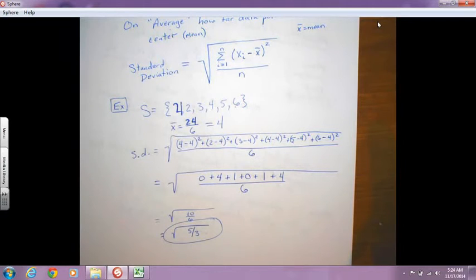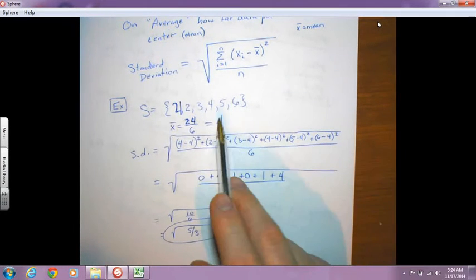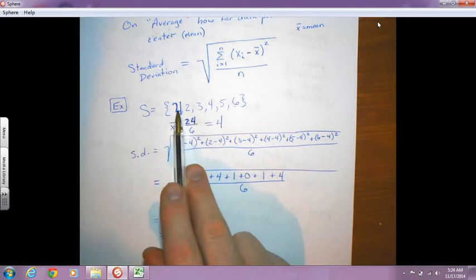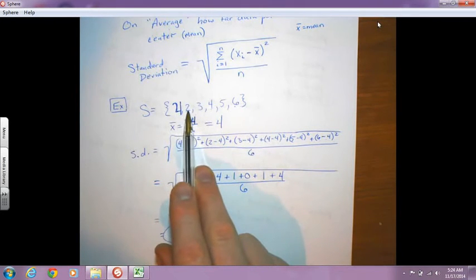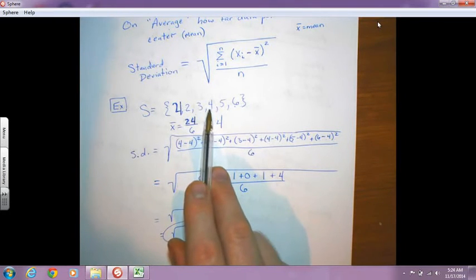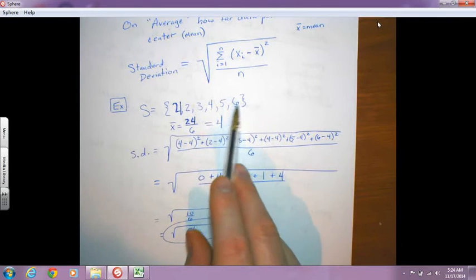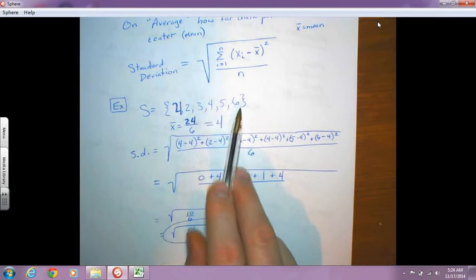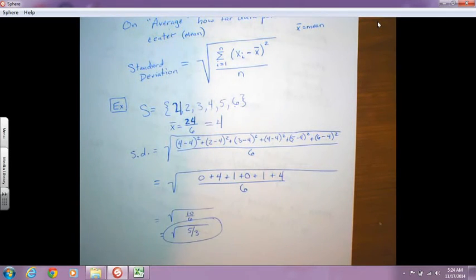So on average, each data value is a little bit more than 1 away from the middle, which seems to make sense. I mean, 4, that's 0 from the middle. This one's 2 units from the middle, 1 unit from the middle, 0 units from the middle, 1 unit from the middle, and then 2 units from the middle. So it makes sense that it's somewhere between 1 and 2.